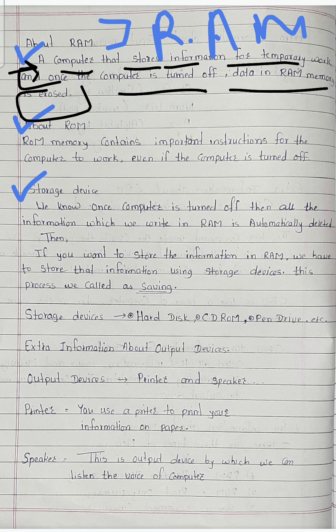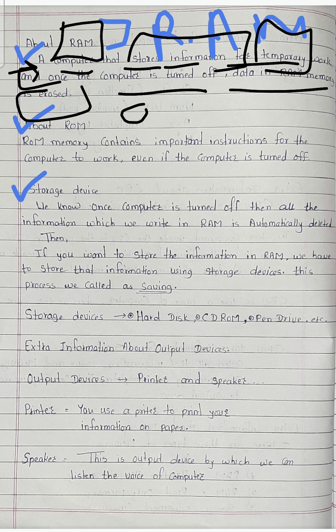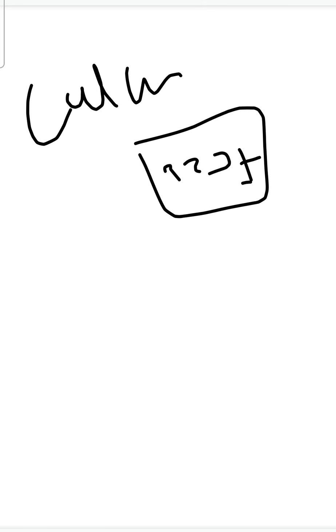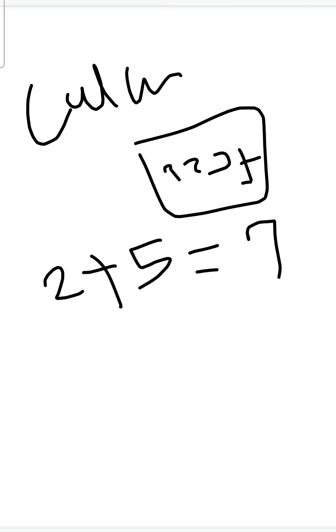If you have some work on a computer and you have to store the information temporarily, then you have to use the RAM. If you want to do a calculation, here is your calculator, 1 2 3, plus, minus, and you do 2 plus 5 equals 7.